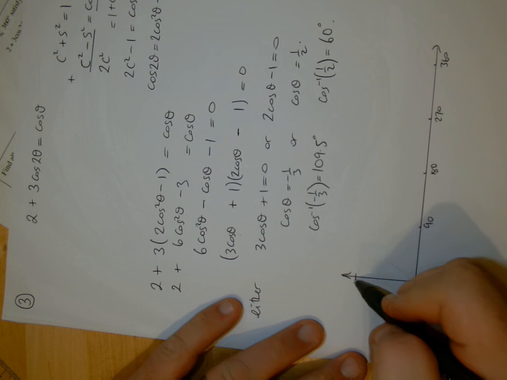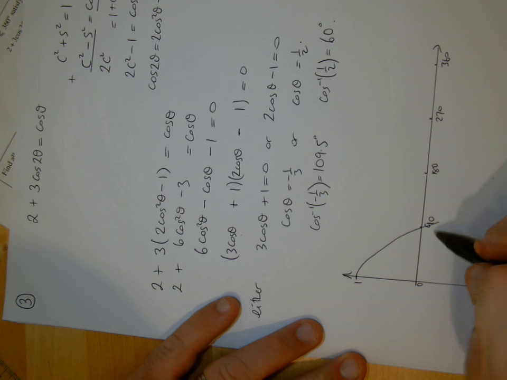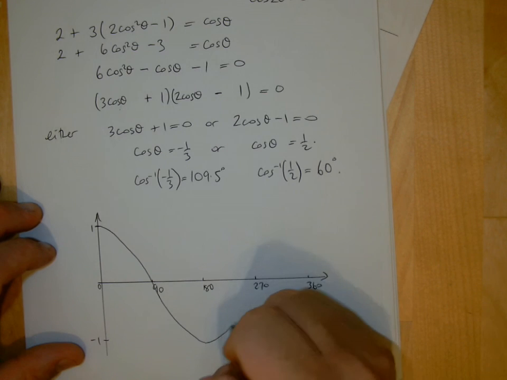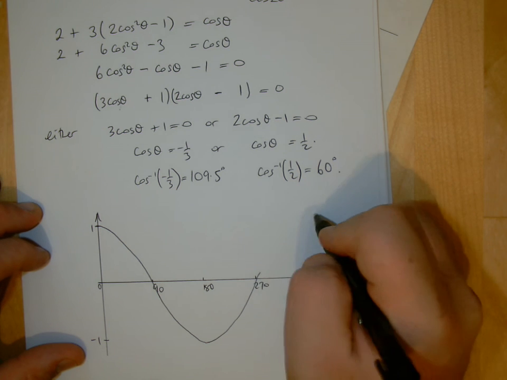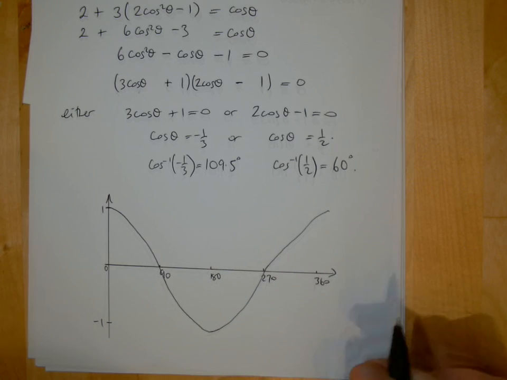So then the cos of 0 is 1. Okay, that'll roughly do. Not the best, but it'll be okay.